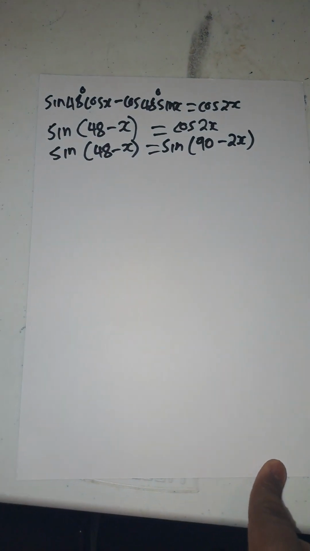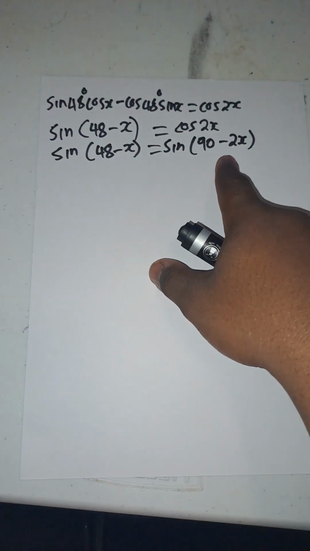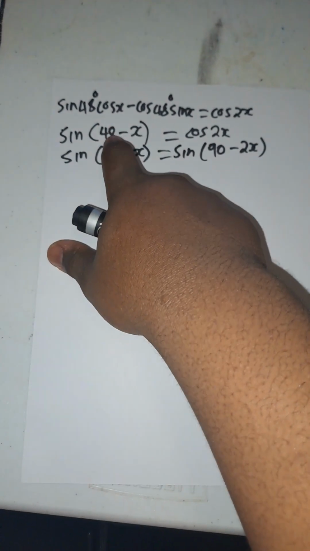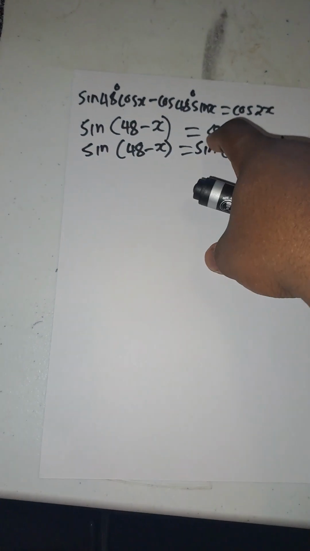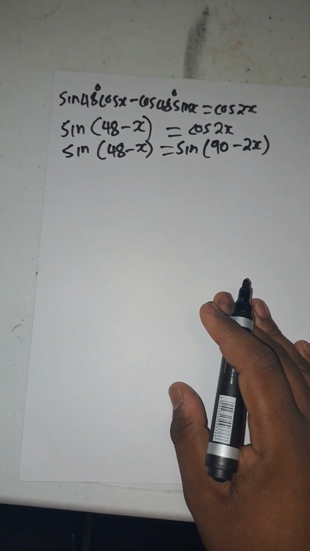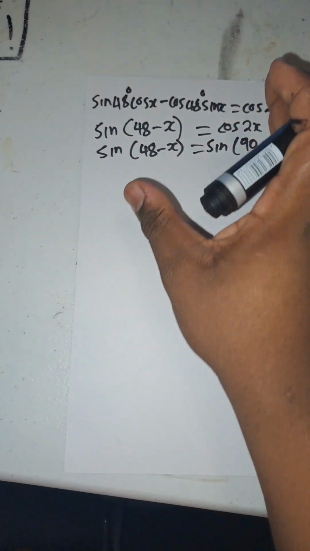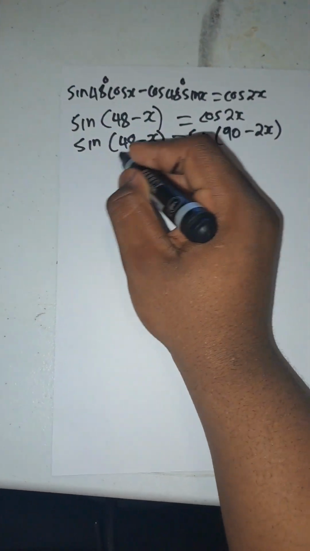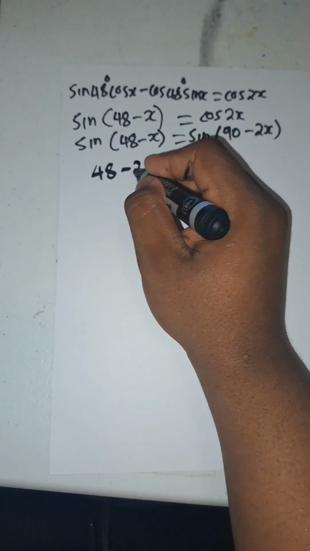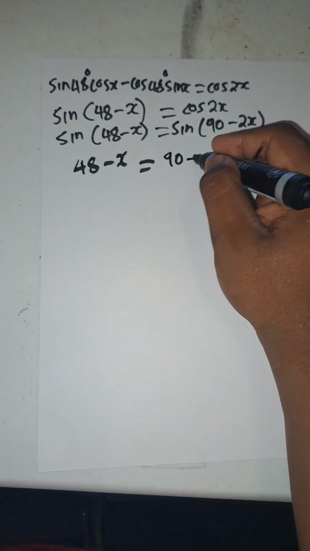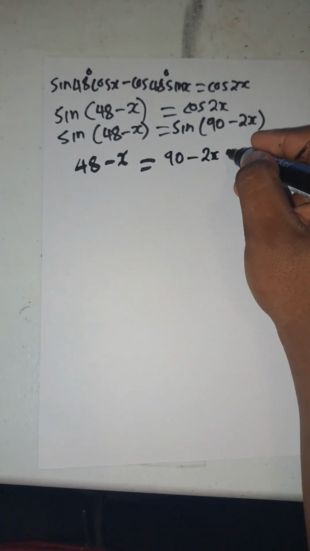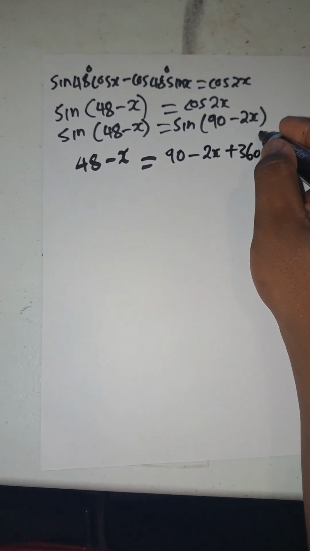So it is sine, as you can see there. 48 minus x, 90 minus 2x. 48 minus x is representing those ones whereby you have expanded. Sine(90 minus 2x) can be written as cos 2x there. Can you see it? After that, you drop your sine. So 48 minus x is equal to 90 minus 2x. Then you will say plus 360 degrees k.